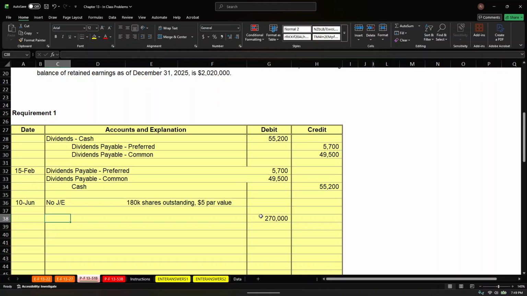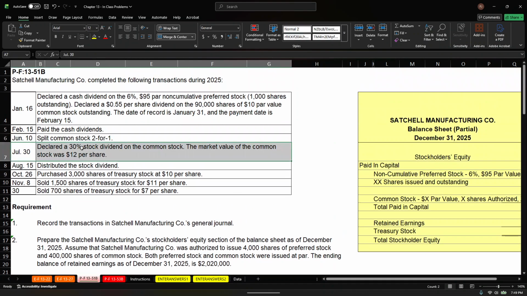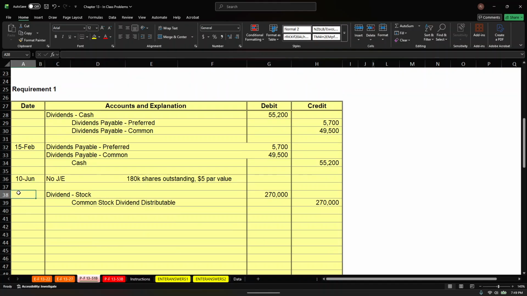Okay, so this is going to be basically stock dividend, stock, right? Because we had dividend cash here. This is stock dividend. And we're going to have basically common stock dividend distributable. And that's the value. Okay, so that's what we do when we declare this on July 30th.